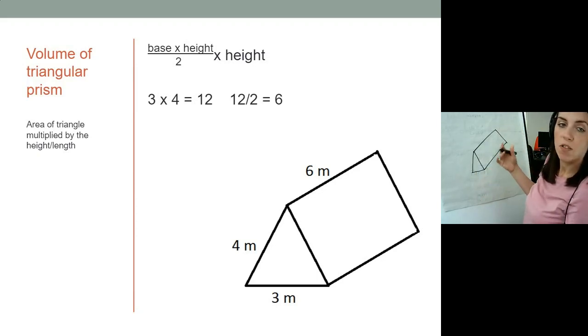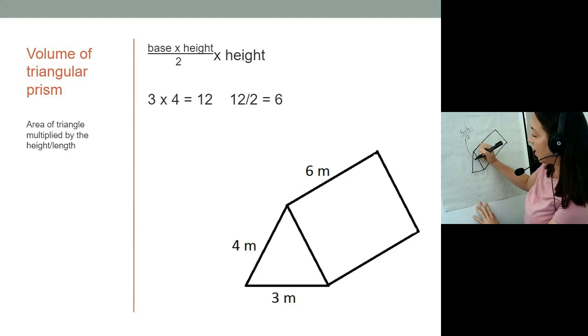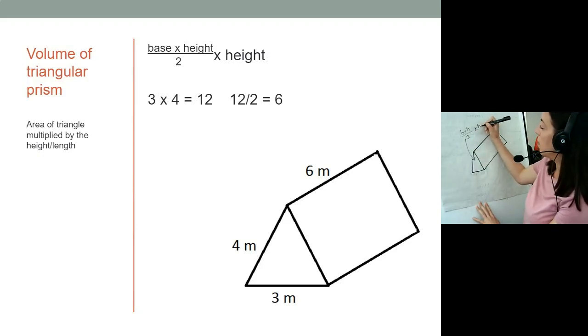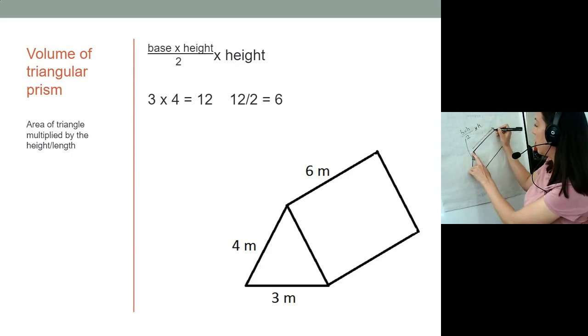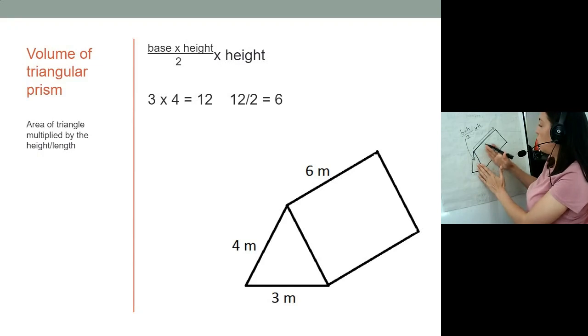So the volume of a triangular prism is base times height divided by 2, because that is that triangle there. And then we multiply that by its height, going this way.